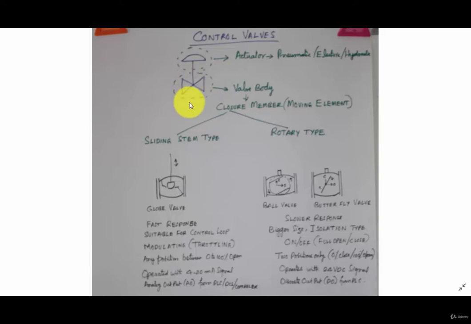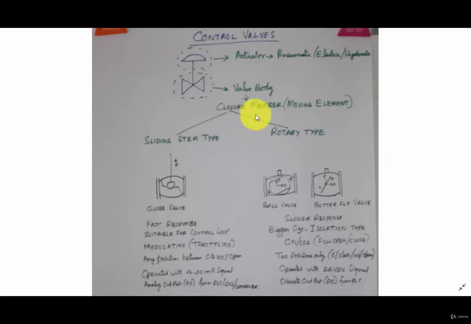There is something moving inside the valve body. That is called the closure member or moving element, which is moving inside the valve body and actually causing the fluid flow to vary.